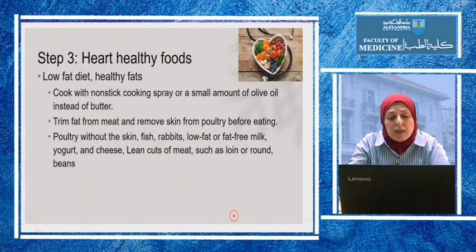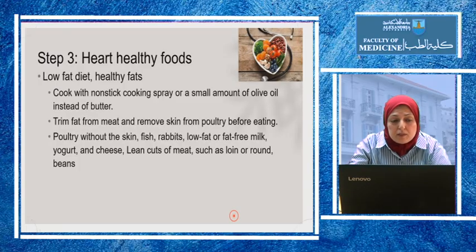Heart healthy foods include a low-fat diet with healthy fats, so maybe avoid frying, avoid cooking in too much fat. We usually tell patients to avoid fried and pan-fried food, and that the food should be boiled, not fried.